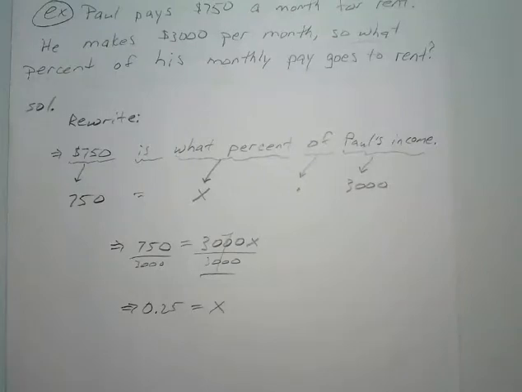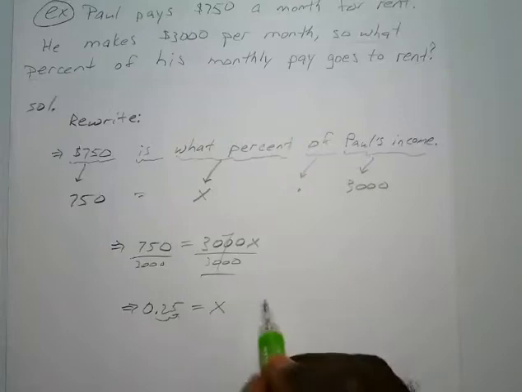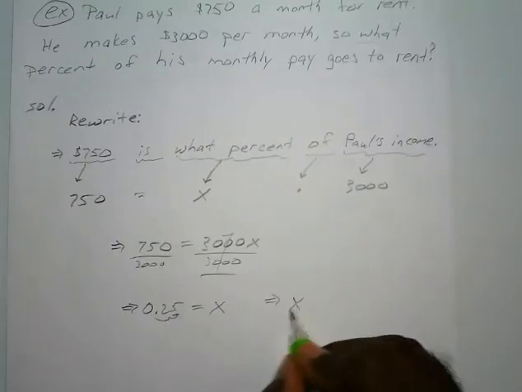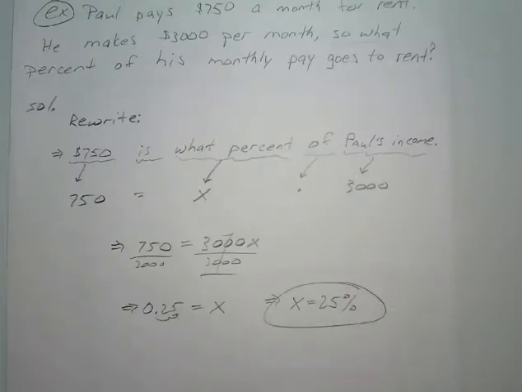Okay, so once again, whenever you're solving for percent, you want to convert that to percentage by moving the decimal over twice. That's the only time you have to do it. You don't have to do it any other time except when you're solving for the percent. Okay, so x would equal 25%. Okay, so that's how much of his income goes to rent.